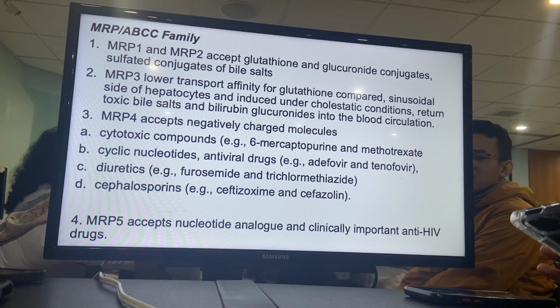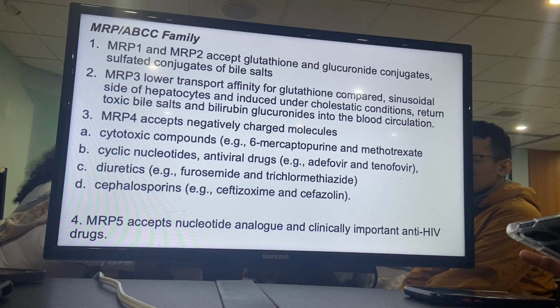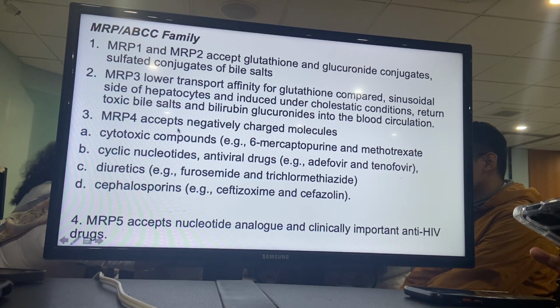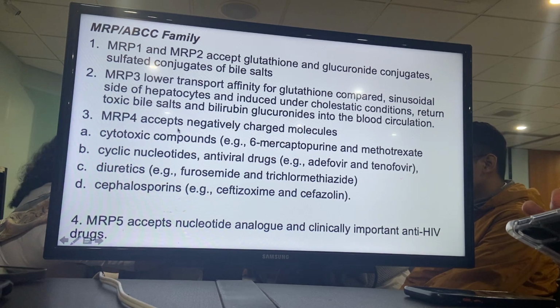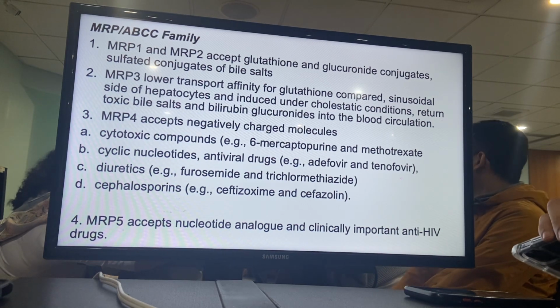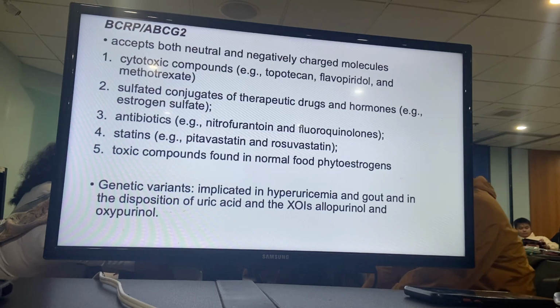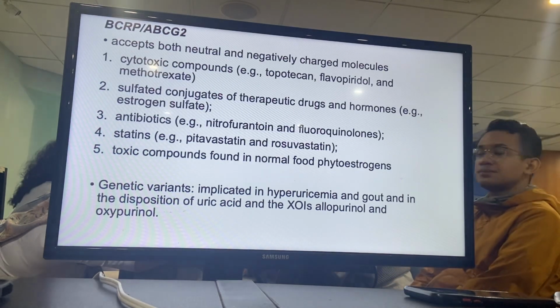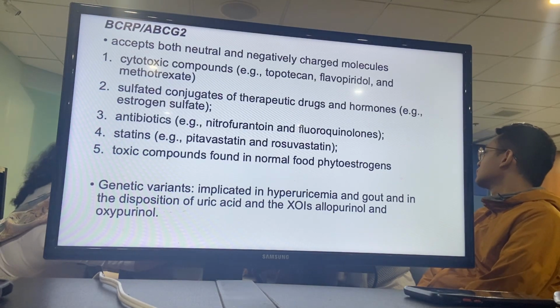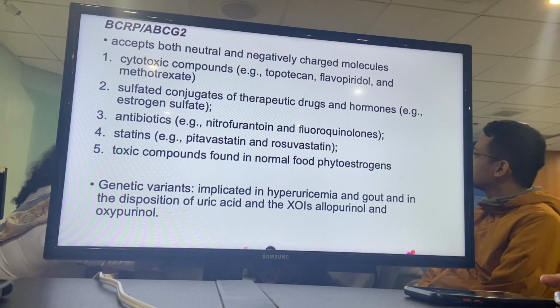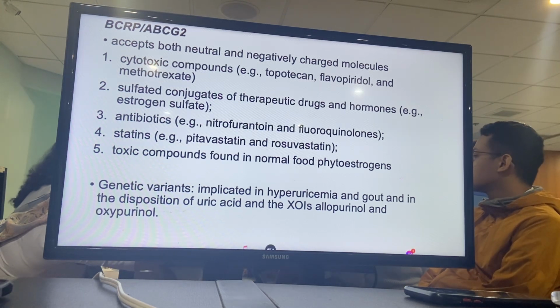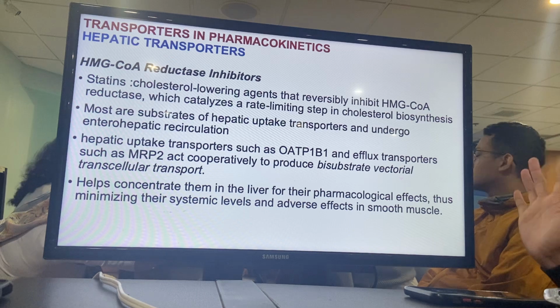MRP3 has a lower transport affinity for glutathione. MRP4 is for your negatively charged molecules. MRP5 for anti-HIV drugs. BCRP, breast cancer resistance protein: these are the different anti-cancer drugs that make use of this transporter.